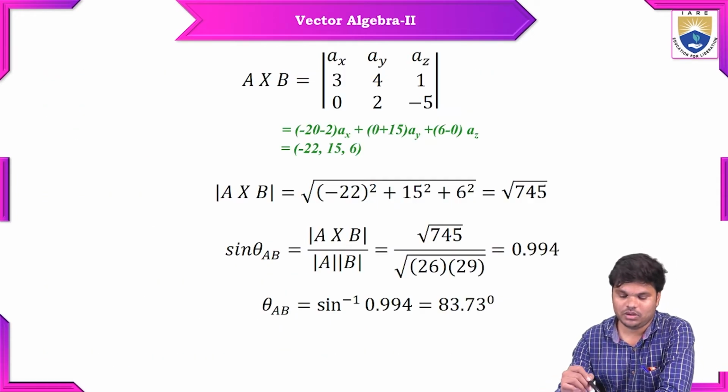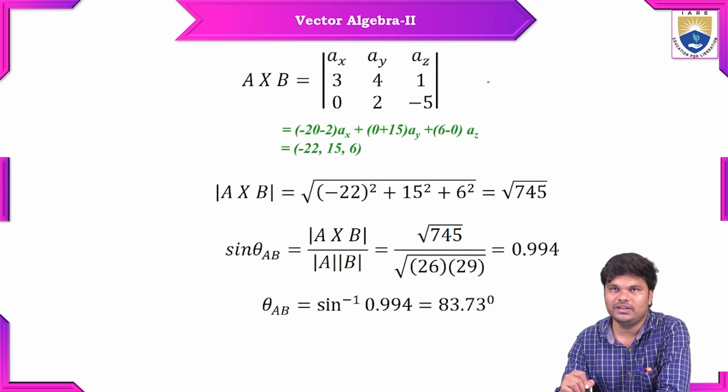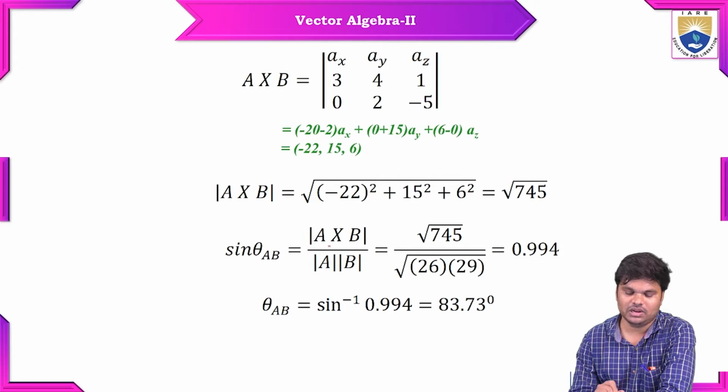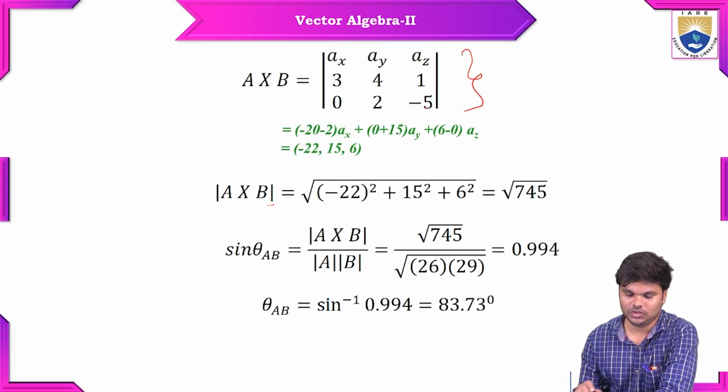Similarly, from the cross product also we can find the angle between A and B. Sin of theta AB is nothing but mod of A cross B divided by mod A into mod B. Mod A and mod B are already calculated. And what is the magnitude of A cross B? It can be calculated from this, and this magnitude is root of 745.